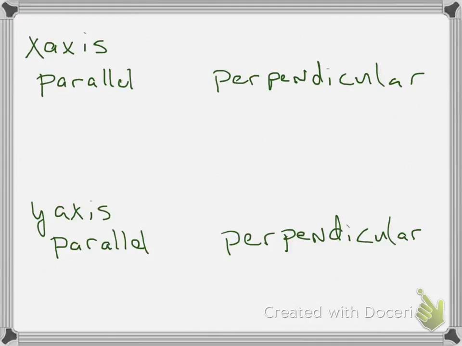Okay, for the x-axis, let's talk about being parallel or perpendicular, because I've seen this pretty much every year, saying which line is parallel to the x-axis, or which one is perpendicular to the x-axis, or parallel to the y-axis. Keep in mind, the x-axis is a horizontal line, and the y-axis is a vertical line.